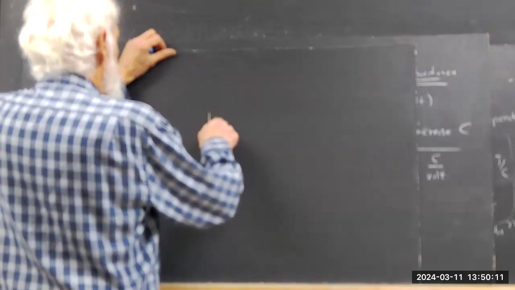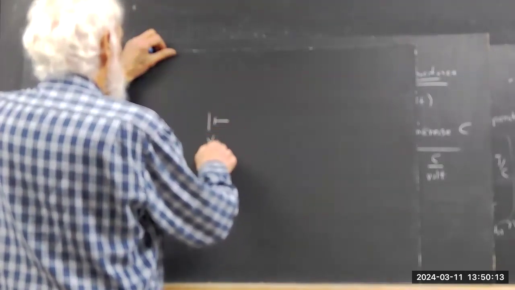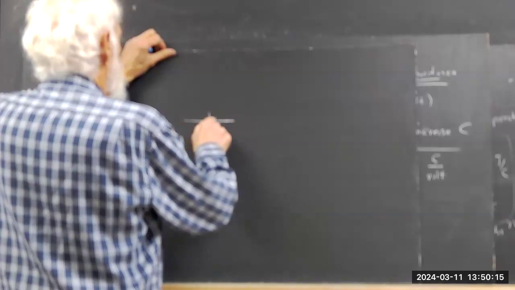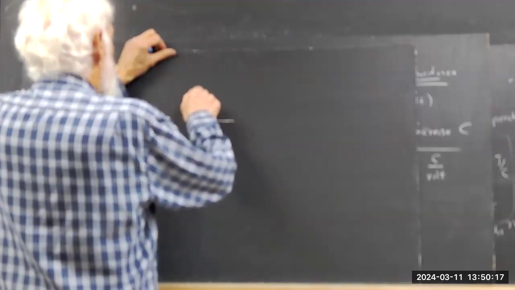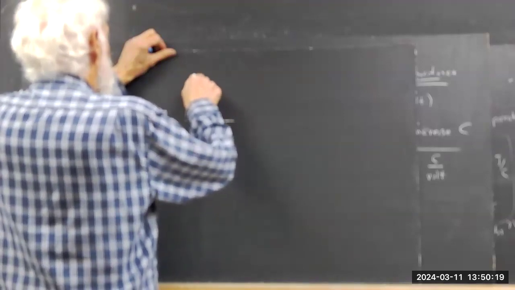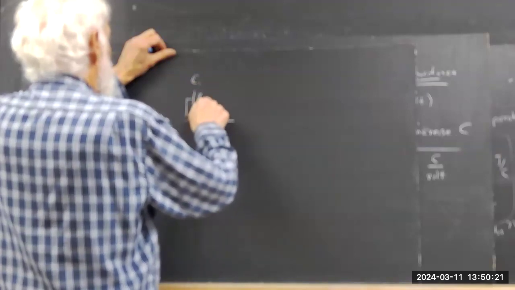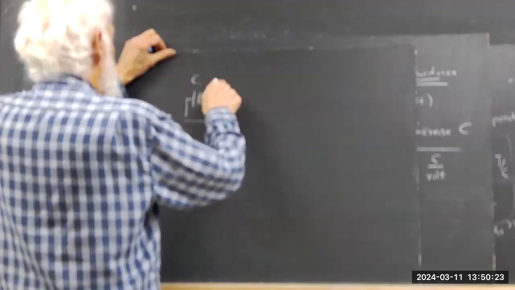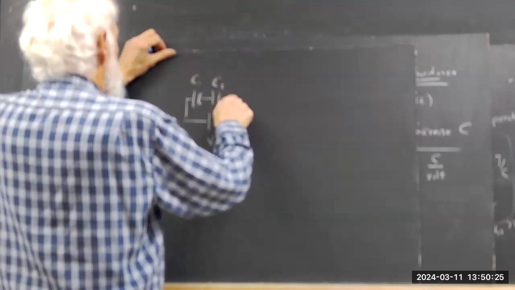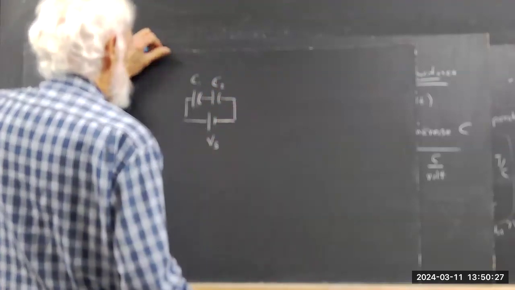So now you've got the voltage of your source, a C1 capacitor and a C2 capacitor.